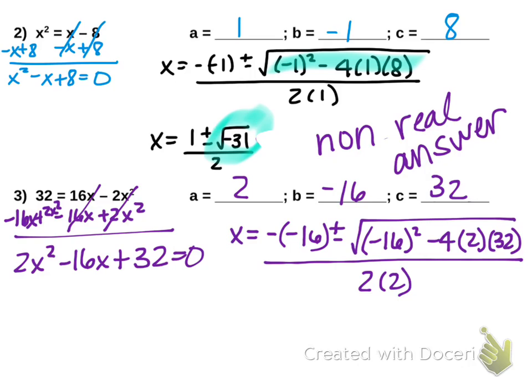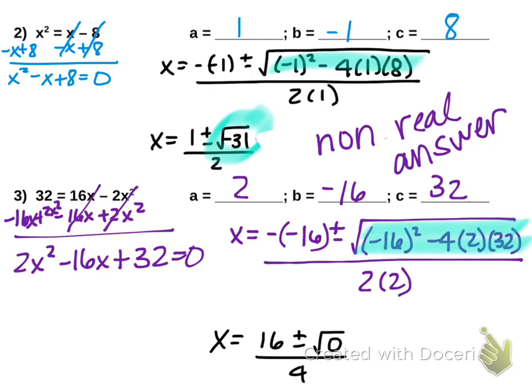When I go to put in my discriminant, that's another reason why I like to put it in first, because it helps me make sure that I put my answer in right. So if I get a non-real answer, if I get something funky, I know whether there's some sort of error. When I put this discriminant in, I end up with 0. So x is equal to 16 plus or minus the square root of 0 divided by 4.